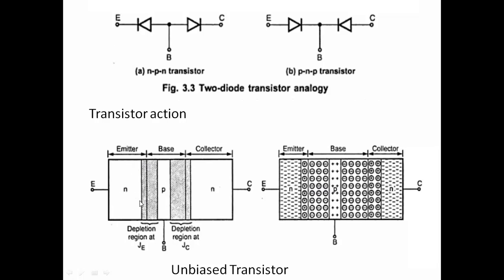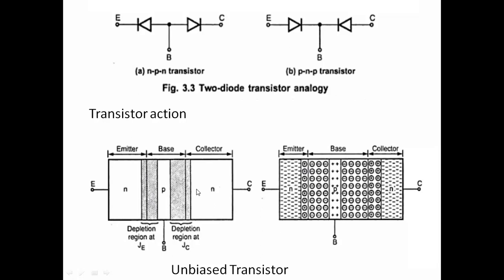So more electrons try to diffuse into the base region, because the base side is lightly doped, and fewer holes try to occupy the emitter region. That's why positive and negative charge carriers are formed at this point.